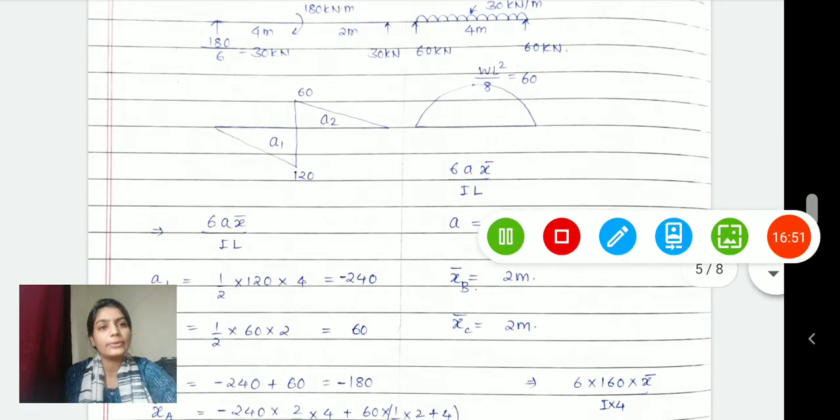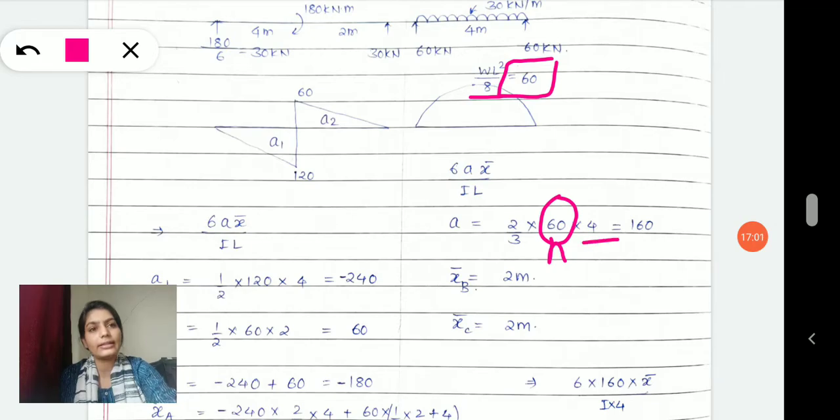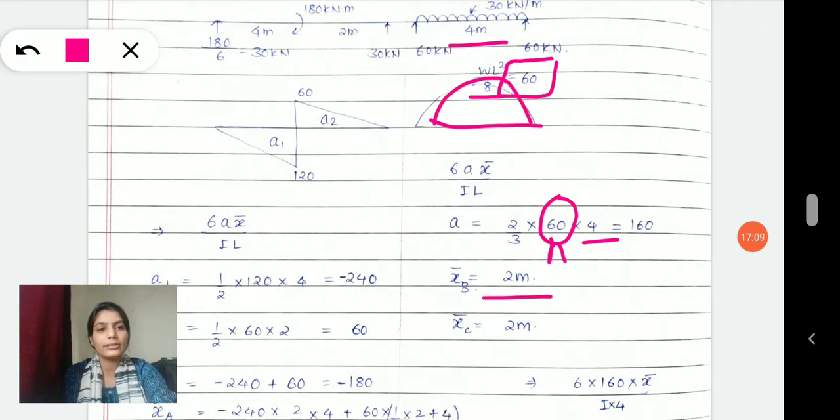Because I know the maximum bending moment in this parabolic diagram will be WL squared by 8, which gives me the answer 60. Therefore, I have taken height as 60 and length as 4 meter. And the centroidal distance: as you can see, it is symmetrical, so the centroid will lie at its exact half distance, that is 2 meter, right?